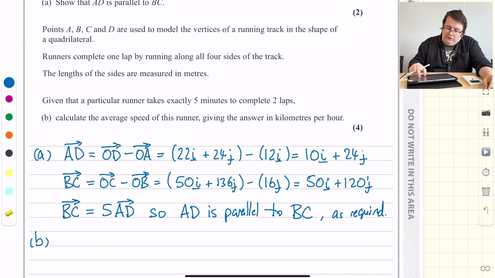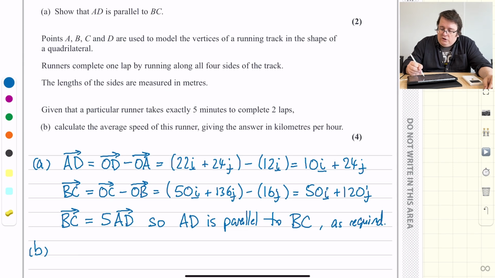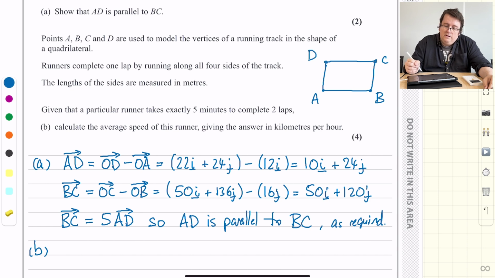Okay, so the idea here is that you have a quadrilateral. Don't know what it really looks like. This isn't trying to draw it accurately. Okay, here's A, B, C, D. So what we need to do is figure out AB, BC, CD, DA.